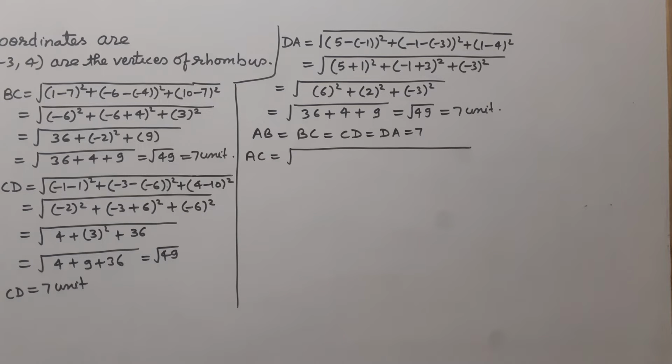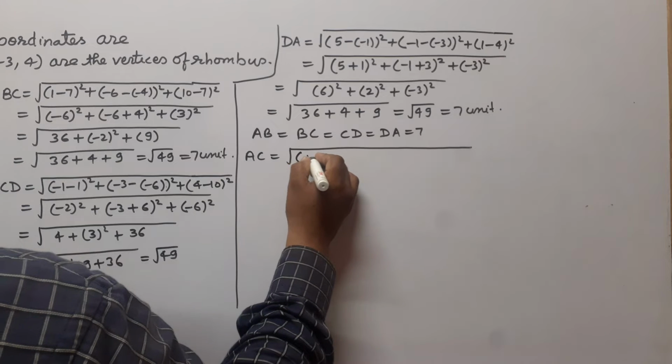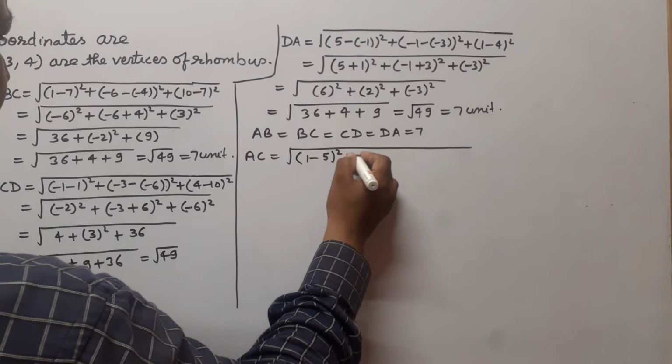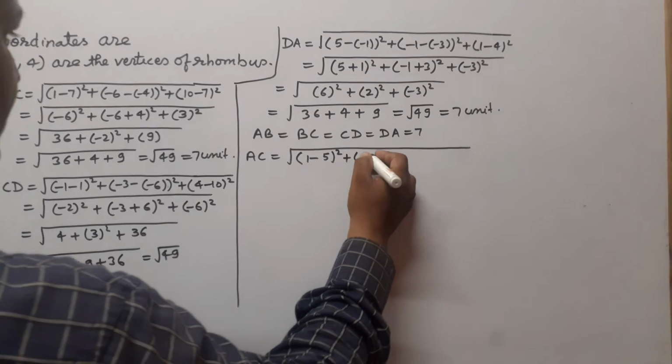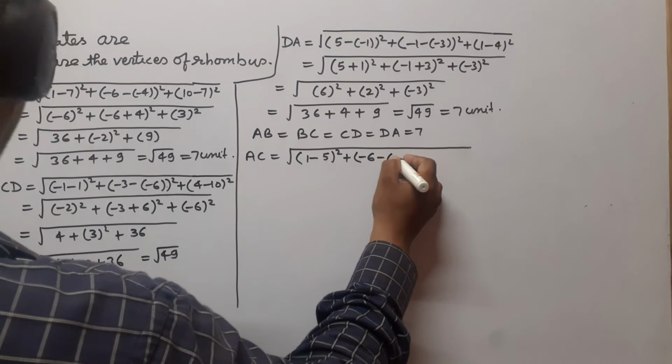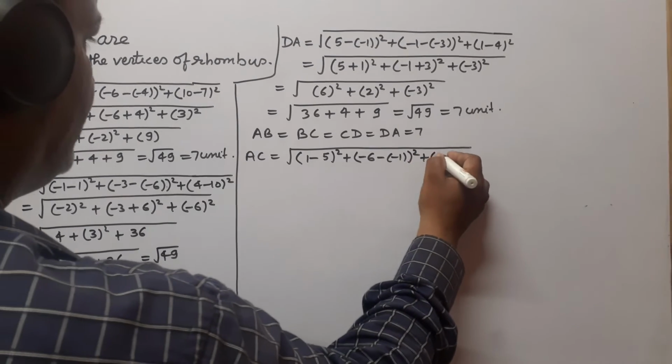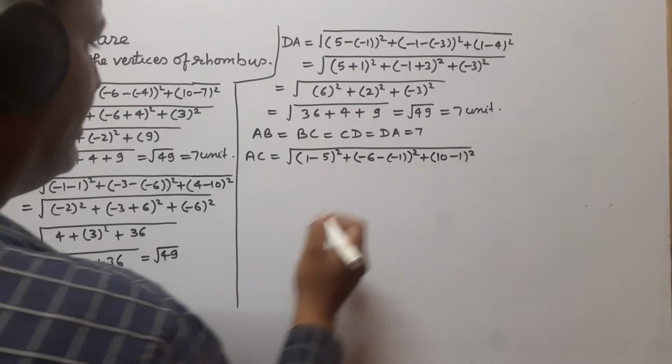Suppose A is the point x1, y1, z1 and C is x2, y2, z2. So first we write x2 minus x1. So here we write 1 minus 5 whole square plus y2 minus y1, that is minus 6 minus 1 whole square plus z2 minus z1, that is 10 minus 1 whole square.